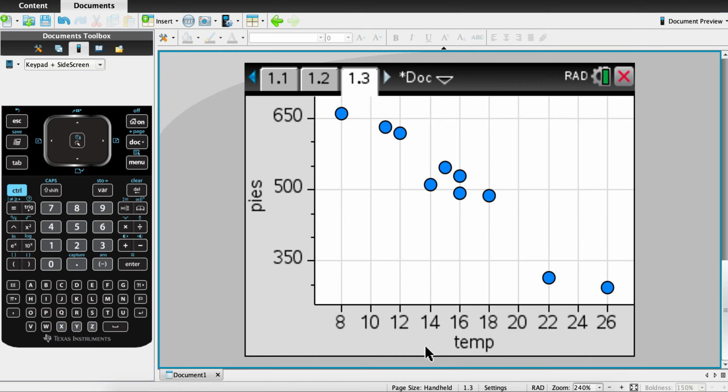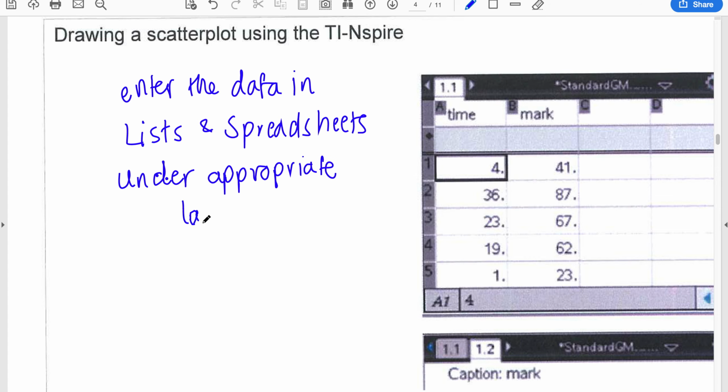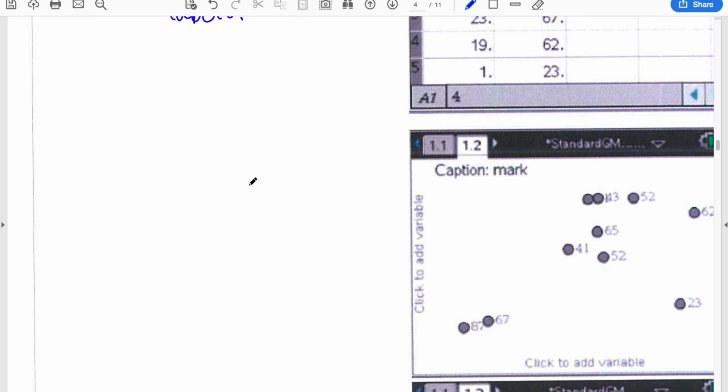So we first enter the data in lists and spreadsheets under appropriate labels. So you want to give it a label, otherwise when you select your variable, you won't have a label there to select it. Okay, second thing we did was we pressed Control and then I, and we added data and statistics, which is number 5.